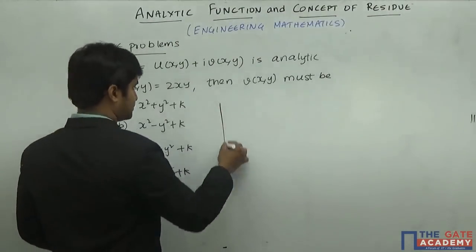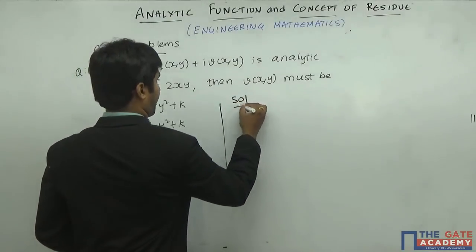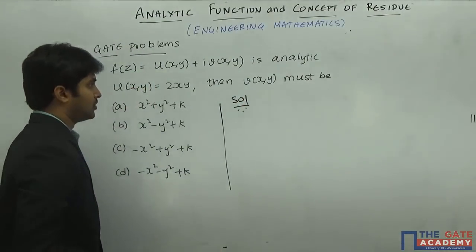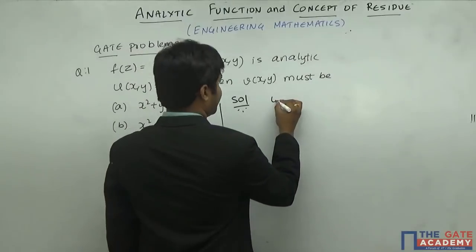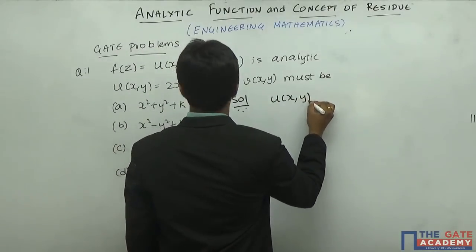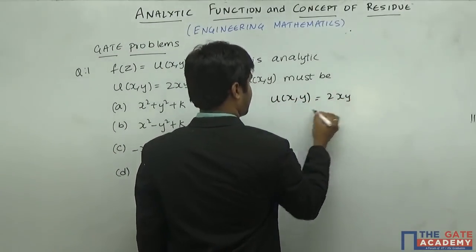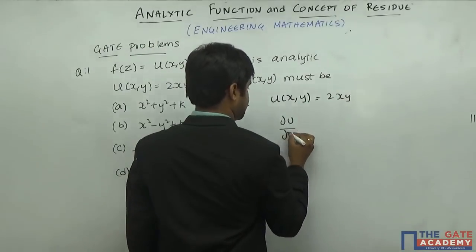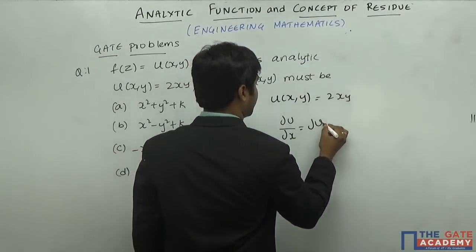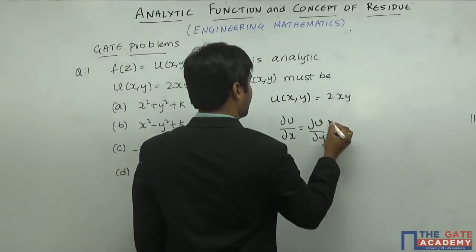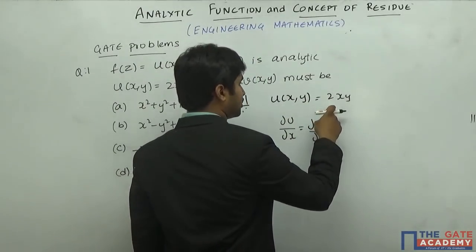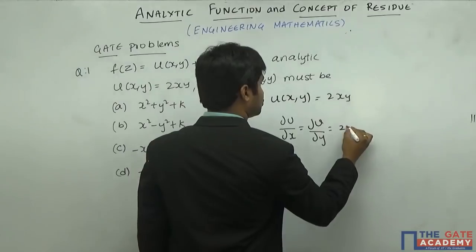The solution is something like this. Given u of x comma y is equal to 2xy, dou u by dou x should be equal to dou v by dou y. If you differentiate with respect to x, it is going to be equal to 2y.